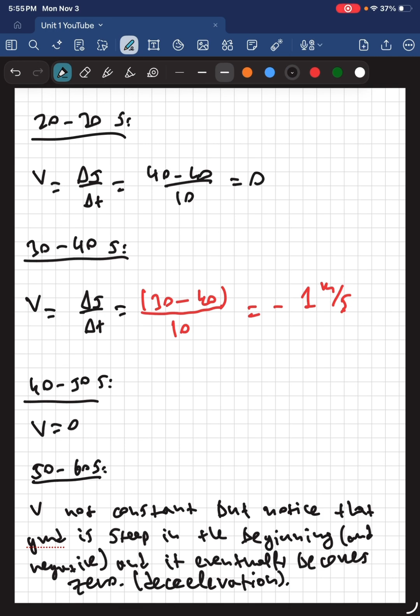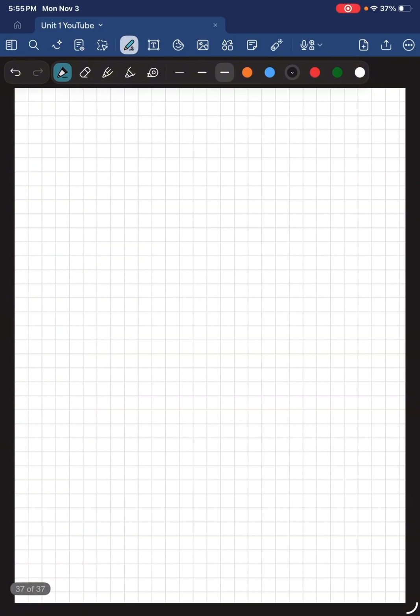All right, so we covered the distance time graphs, displacement time graphs. Now let's move on to velocity time graphs.